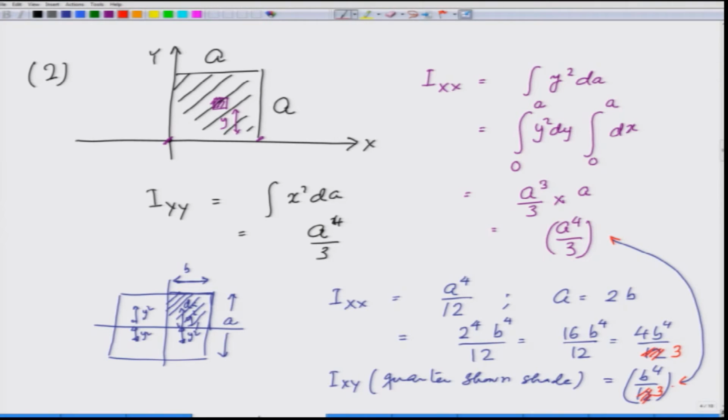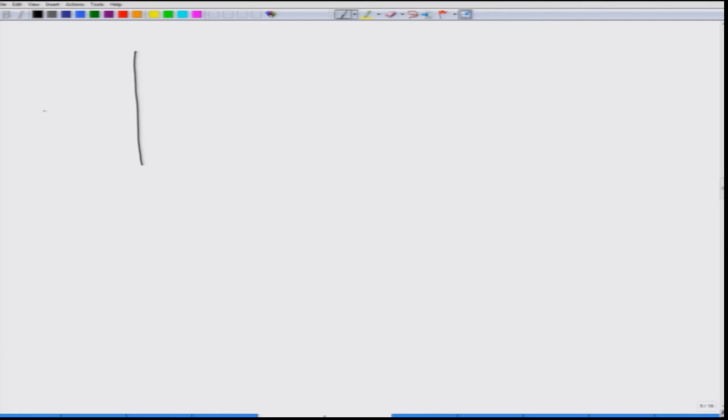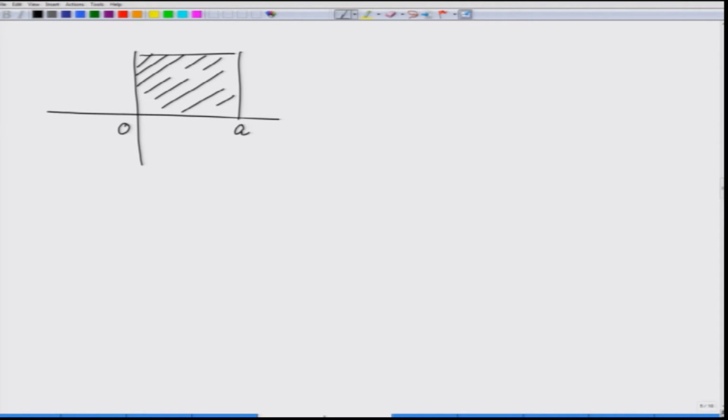So, you could also relate, and this also gives you some practice as to how to think if the shapes are similar. More interesting in this case, however, would be to calculate the product of area of this square, 0 to a. Product of area is equal to integral x y dA.